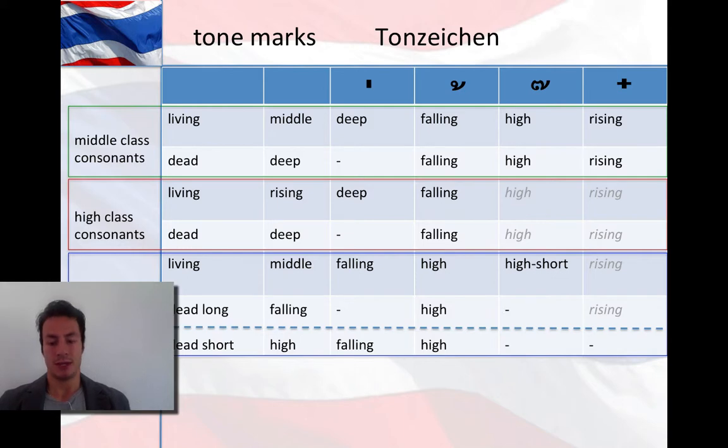I'm not going into that table right away, but what I would like you to do is take an extra sheet of paper and write down this table, and then later on or during the lesson come up with examples of Thai words that are actually following the rule in the very box you're looking at. So in the end you should have this table with the indication falling, middle, deep, rising, high, whatever, and an additional Thai word that follows that very rule.